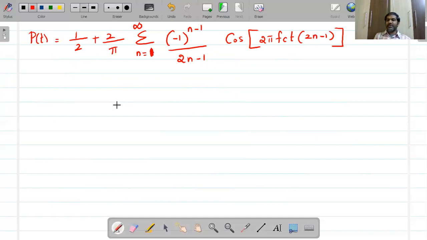This is my Fourier series representation. See, there are infinite terms, so for ease of understanding, I will take only two terms, 1 and 2.